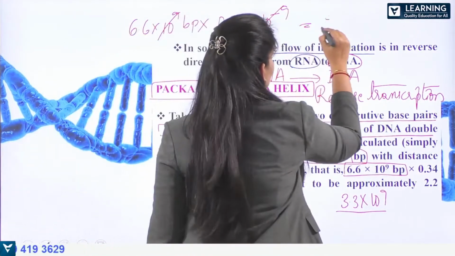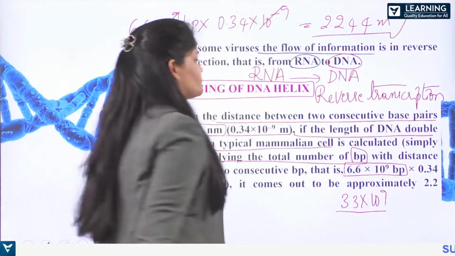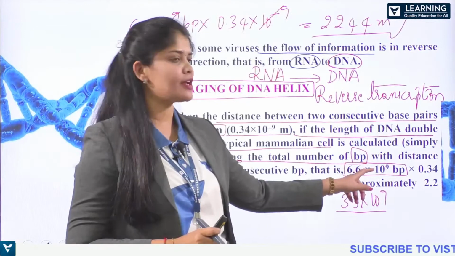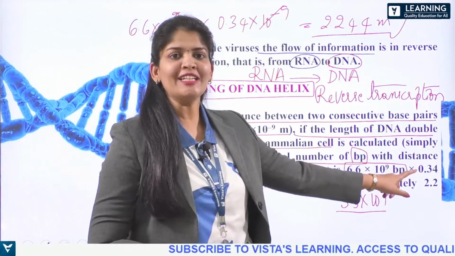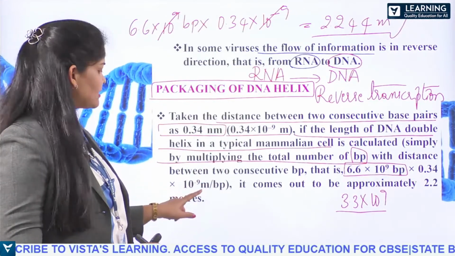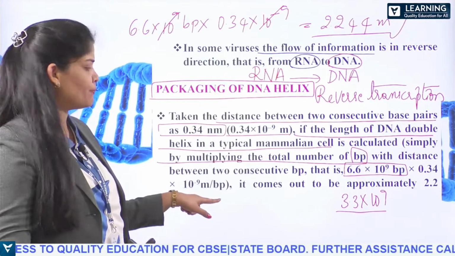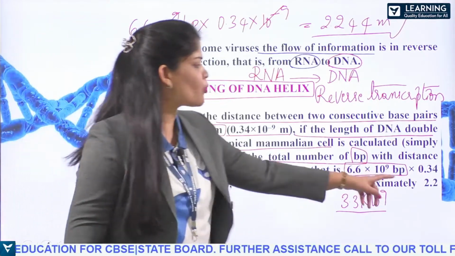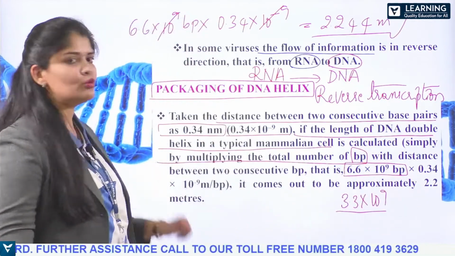It comes around 6.6 into 10 to the power of 9 base pairs into 0.34 into 10 to the power of minus 9. This is expressed in terms of meters, not nanometers, by base pairs. It comes around 2.244, that is approximately 2.2 meters.